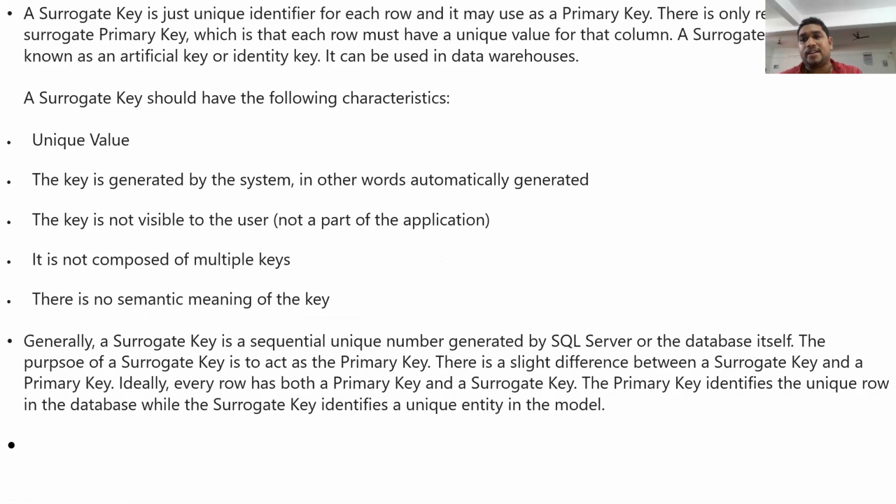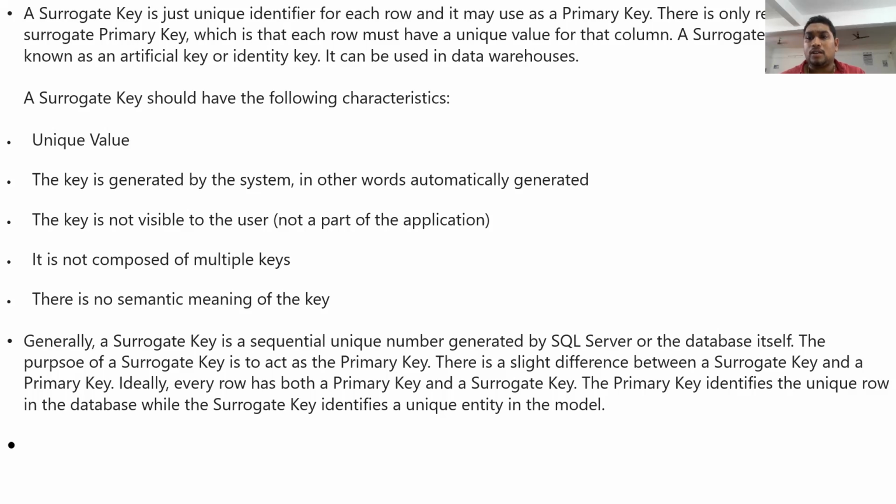Surrogate key is an artificial key, whereas primary key is a natural key. By default we have one primary key and the remaining various keys. But the DBMS by default generates an artificial key called a surrogate key.